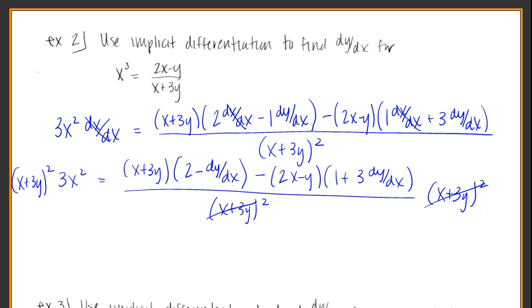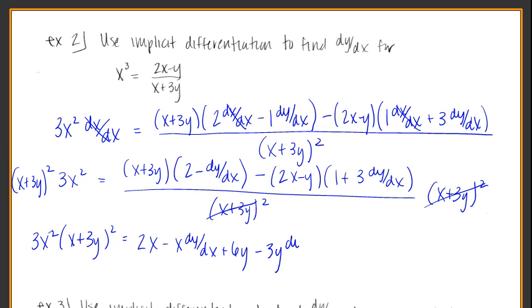We'll get 3x squared times (x plus 3y) squared, and then foiling over here, 2x minus x dy/dx plus 6y minus 3y dy/dx.